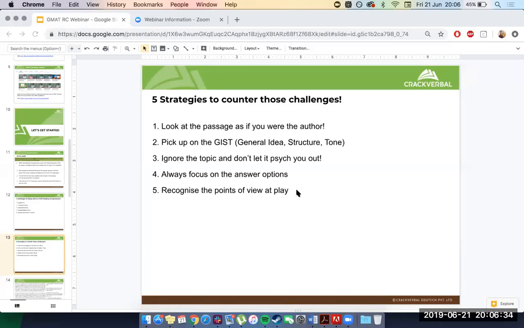Let's find out, right? So the first one says, look at the passage as if you were the author. Okay, now what does that mean? So think about why this passage has been written in the first place. It's not that this person has written the passage solely for it to end up on the GMAT or the GRE or the LSAT.